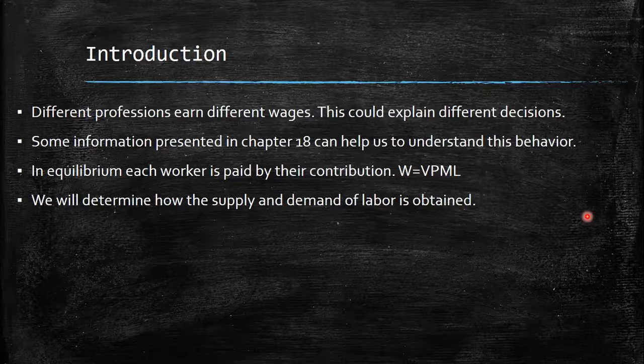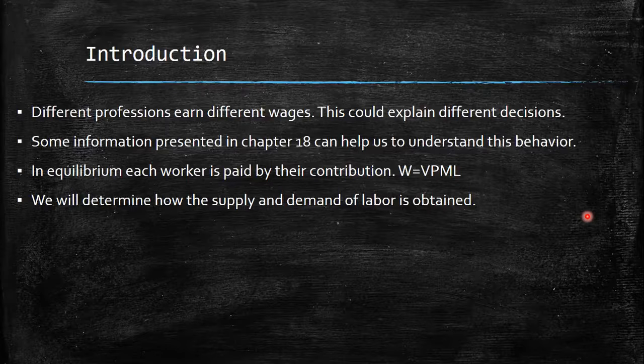Throughout this chapter, which is actually more about different theories about why some people earn more and why others earn less, this is actually not completely solved until today.